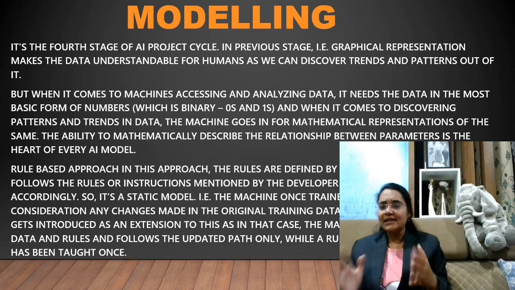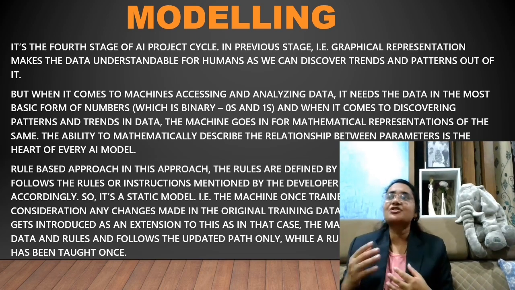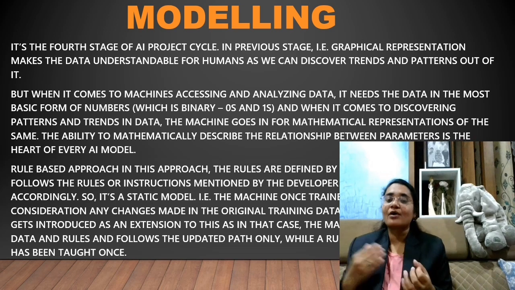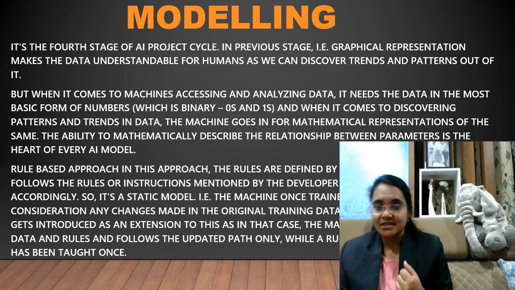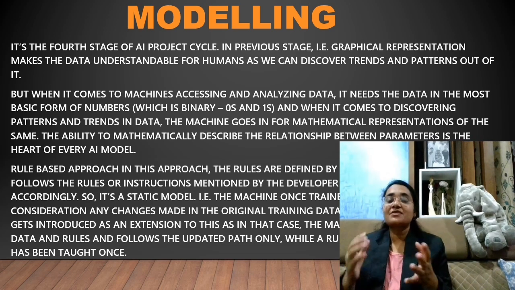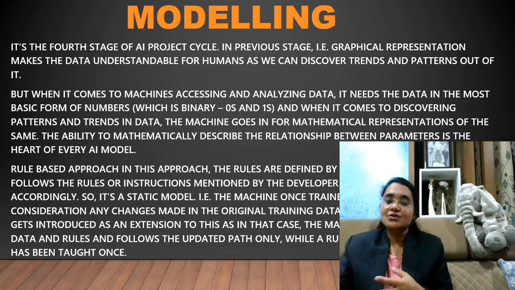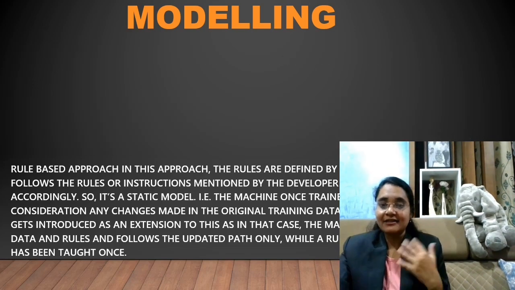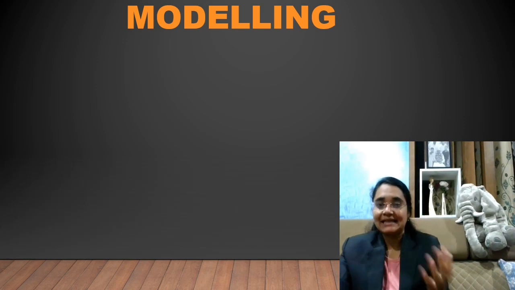Modeling means you choose which type of model to use: a decision tree model or a rule based approach. Rule based approach means following the rules. We have so many models, students, and we can discuss that in detail in one more topic.